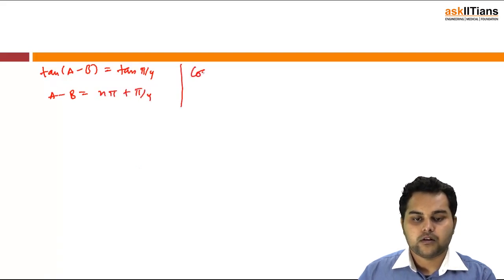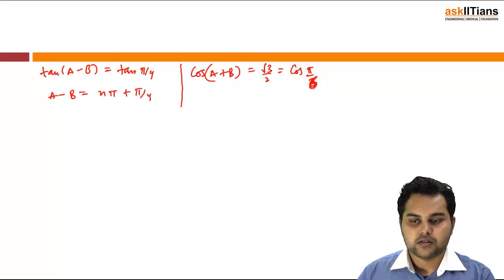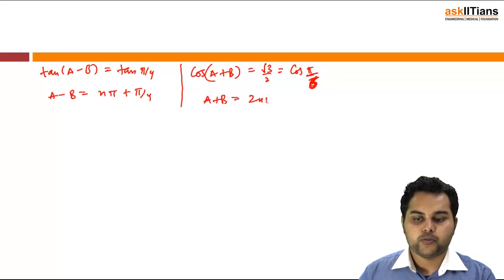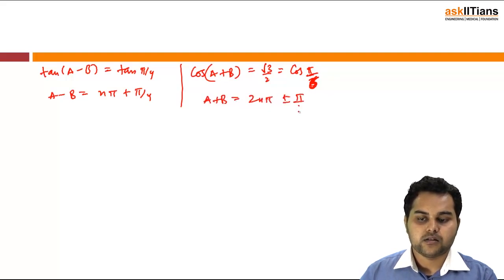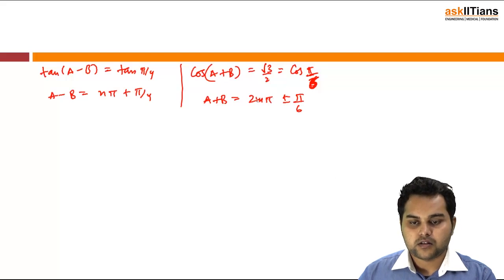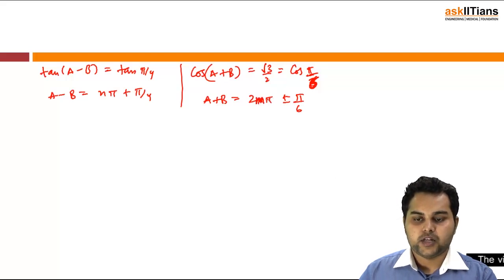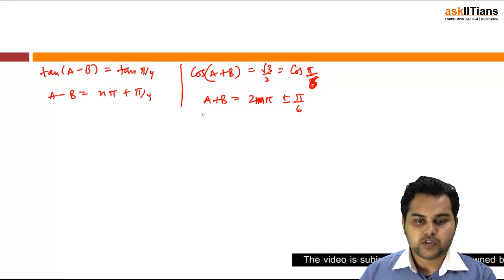For cos of a plus b equal to root 3 by 2, which is again equal to cos of pi by 6, the value of a plus b obtained from this is 2n pi plus or minus pi by 6. I'll change the variable here from n to m just for differentiation.